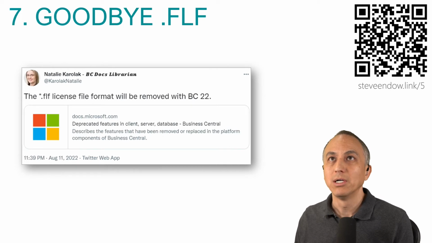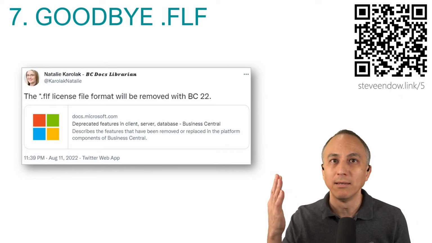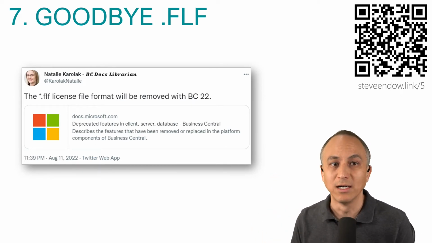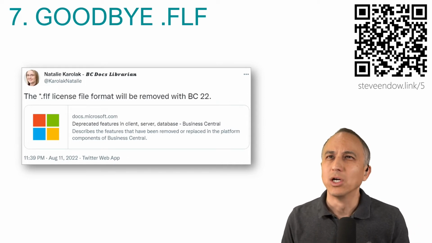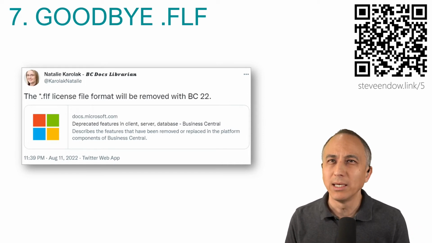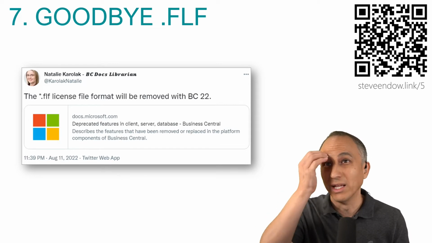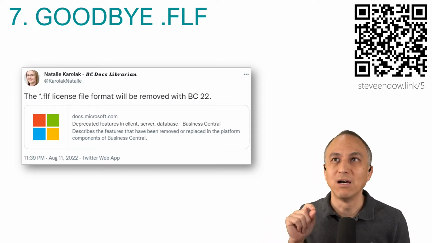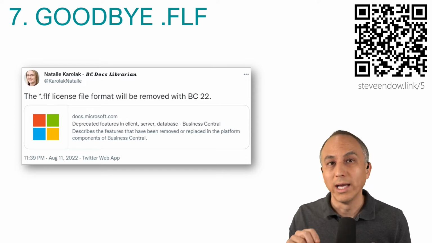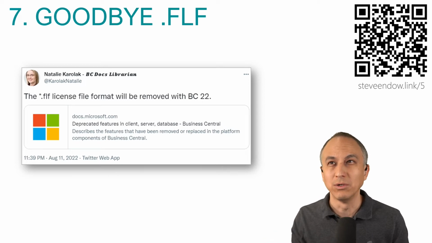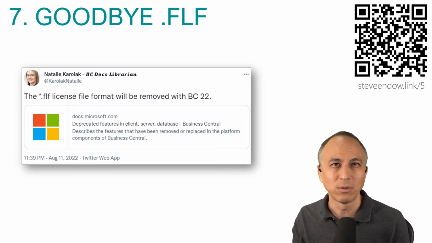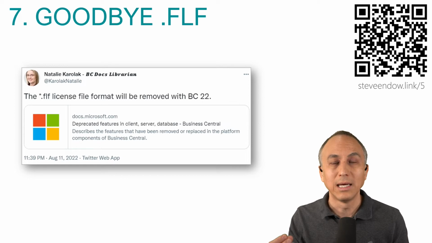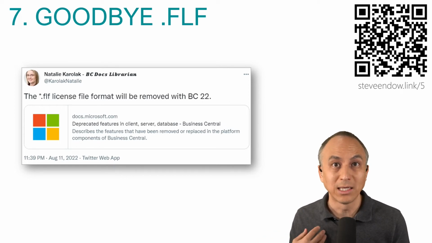And number 7, goodbye FLF license file format. Apparently this thread went around on Twitter, but the FLF license file format is going away. I believe my developer and I have already switched over to the new BC license format, the new file, and we have that running on my containers and our DevOps pipelines.